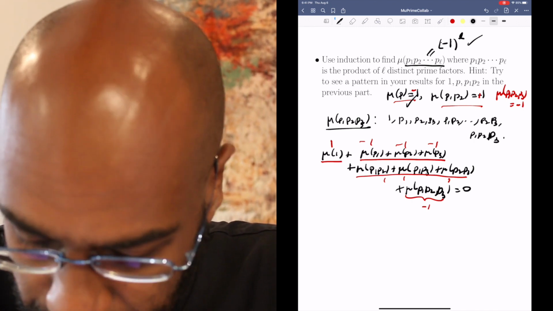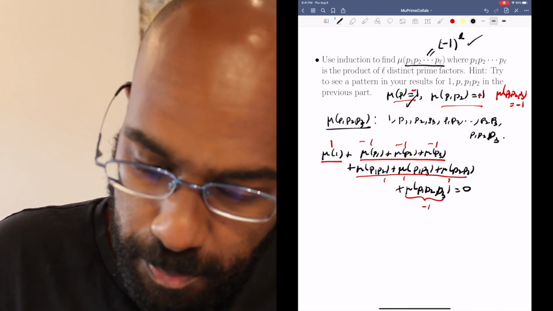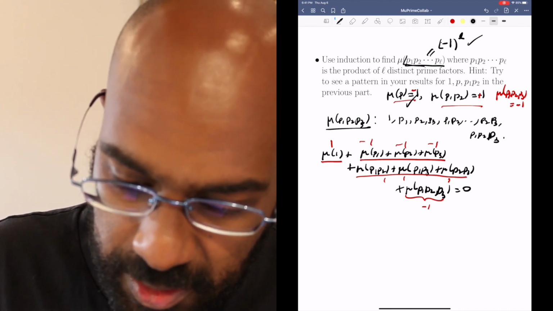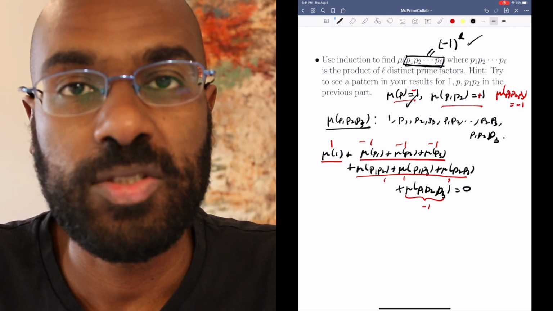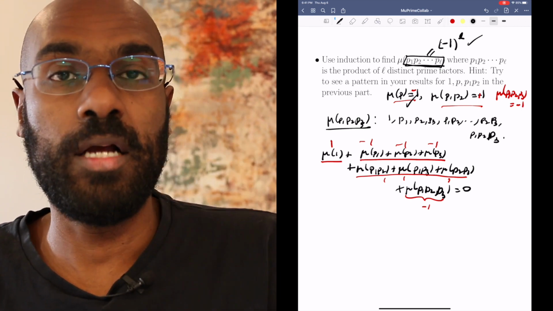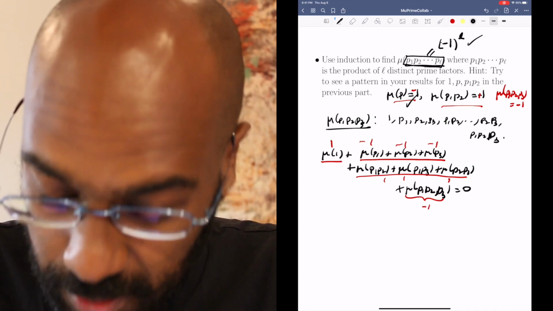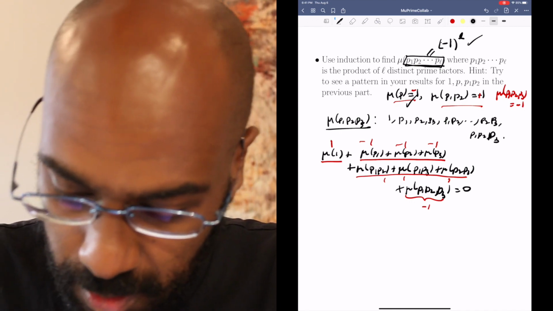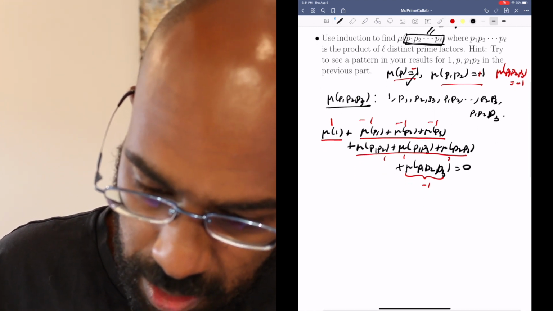And so the question is what to do in the inductive step, given that we're given the hint to do this by induction. Now, the first thing we notice is that the factors of a number like this are all numbers that are products of distinct primes. So we'll be able to use the inductive hypothesis on those fewer primes in our product. And then also we can figure out how this thing is going to look in general.